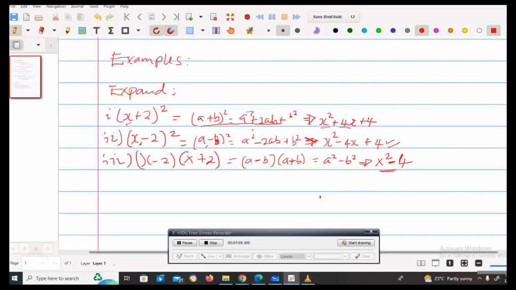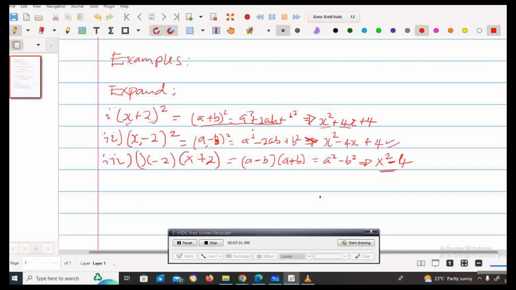The same case, x minus 2 squared, is the same as a minus b squared. This is going to expand into a squared minus twice ab plus b squared. So that will be x squared. We first square this x because it is our a.